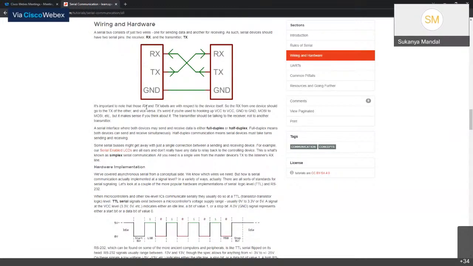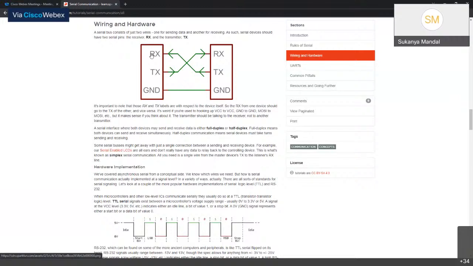It is important to note that the receiver and transmitter labels come with an RX and a TX symbol, and this generally identifies that RX is the receiver and TX is the transmitter. I will cover Arduino pinout and Raspberry Pi pinout as well.